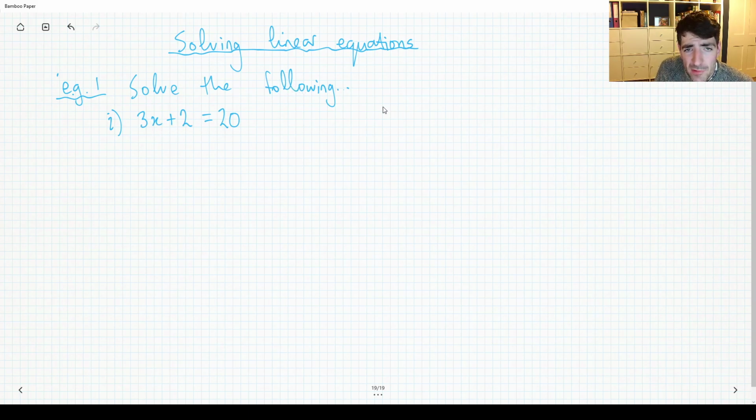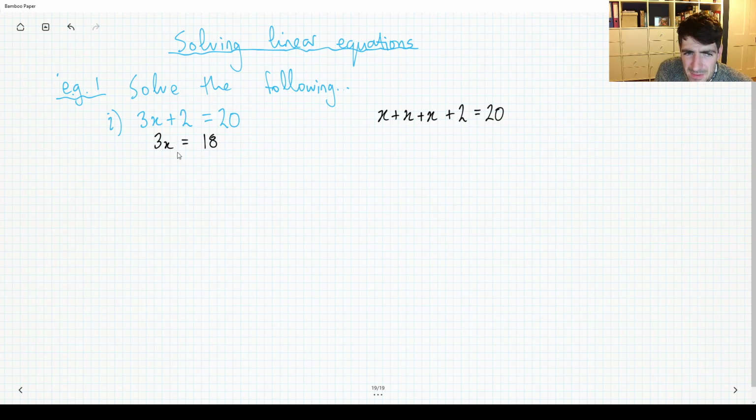So what this one represents is that you've got x, that's my 3x, and 2 1s equals 20. So a good first step would be to subtract 2 1s from both sides, and that would leave me with 3x on the left hand side and 18 on the right hand side.